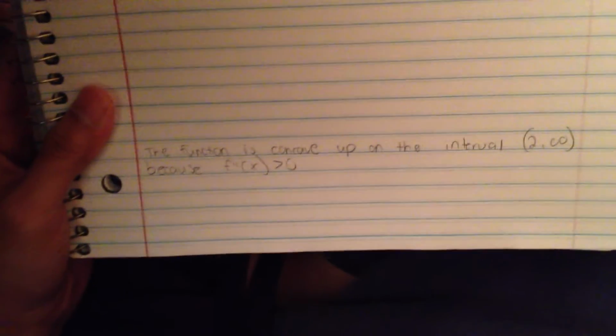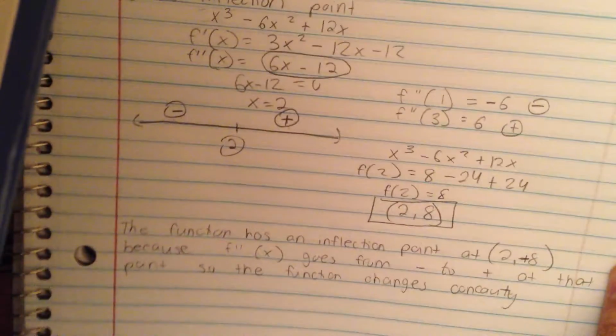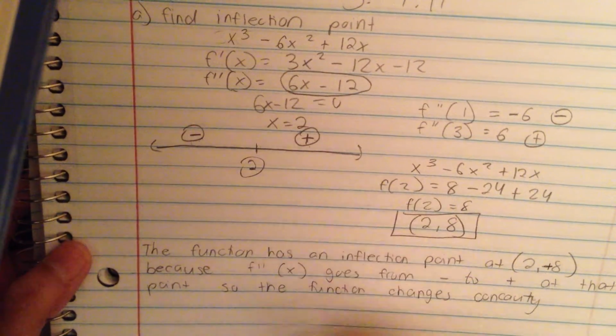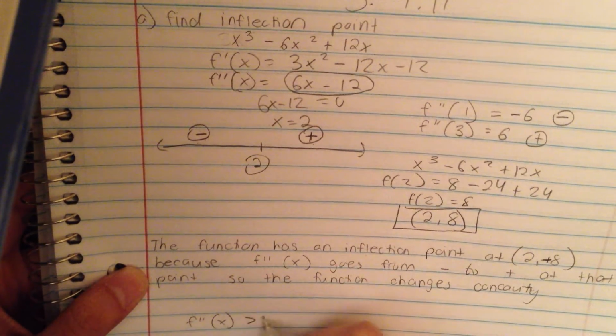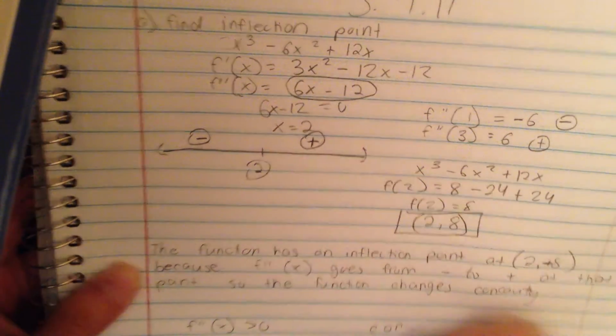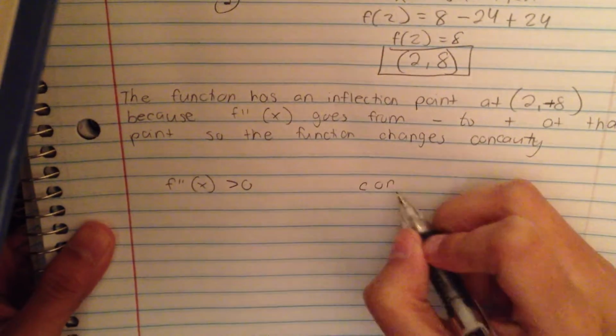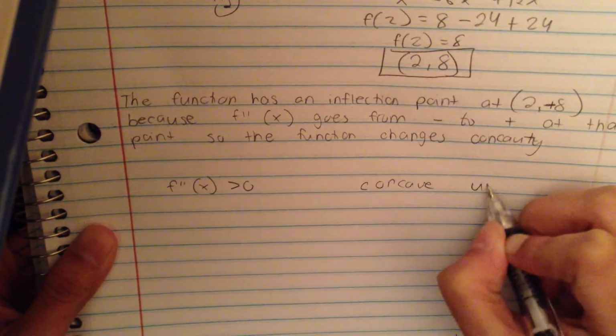And the second part of the question asks you to discuss the concavity. So, as I said earlier, if f double prime of x is greater than 0, that means it's concave up.